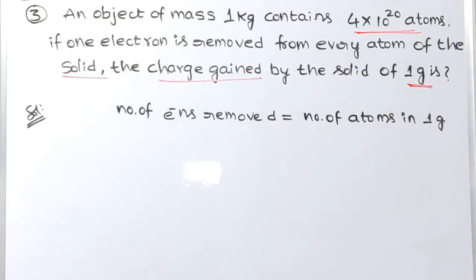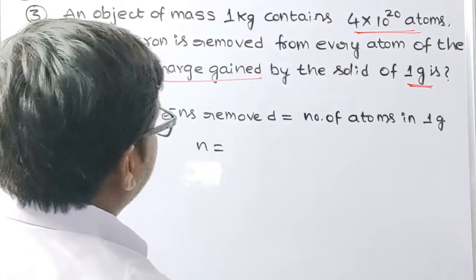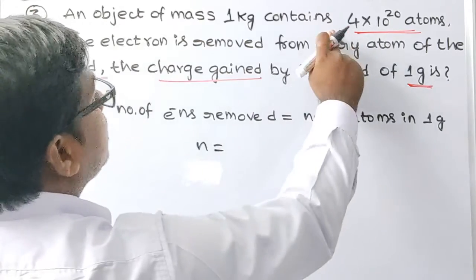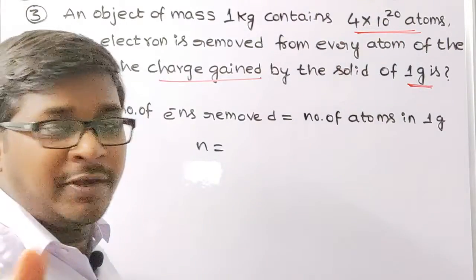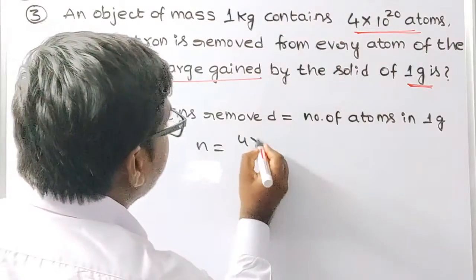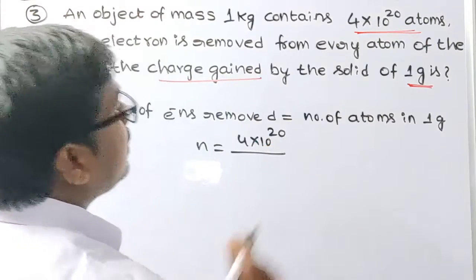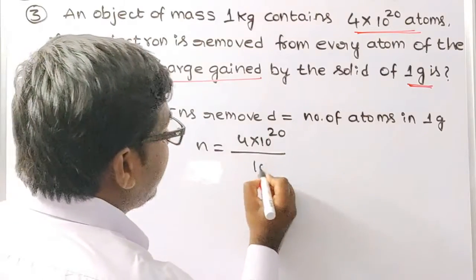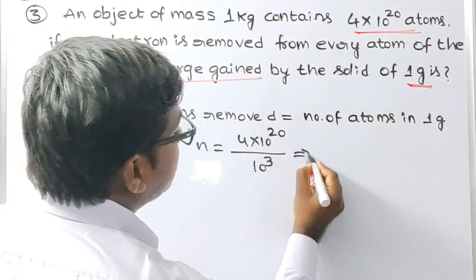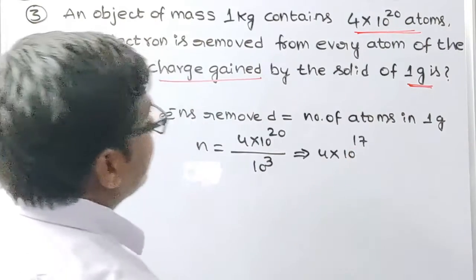The object contains 4 into 10 power 20 atoms per kg. Dividing by 10 power 3, since 1 kg is 10 power 3 grams, gives 4 into 10 power 17 electrons.